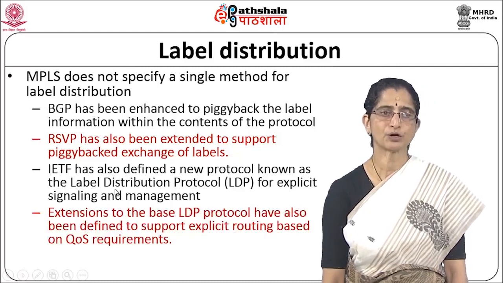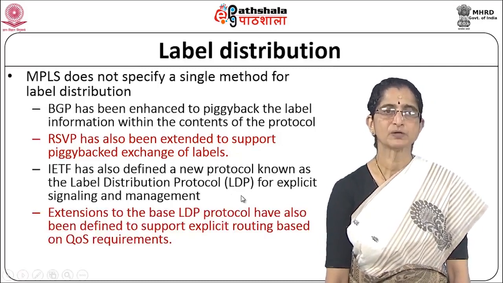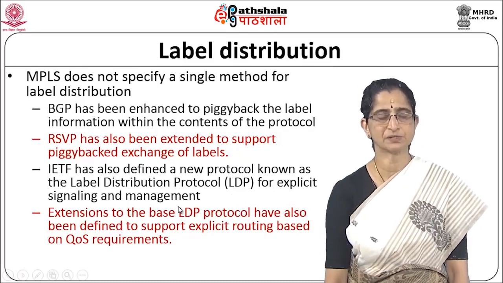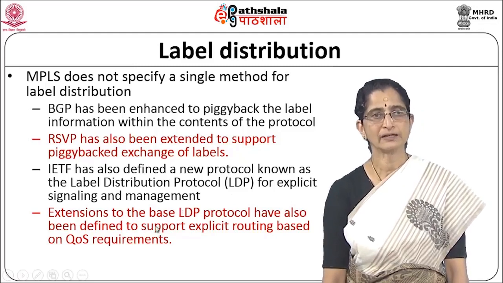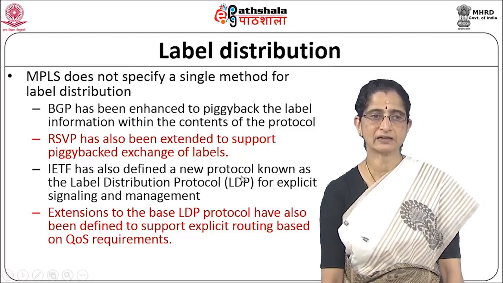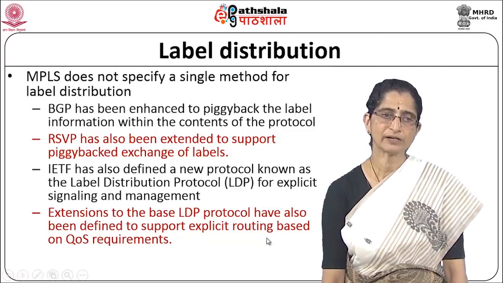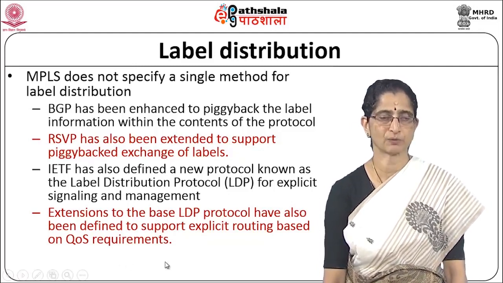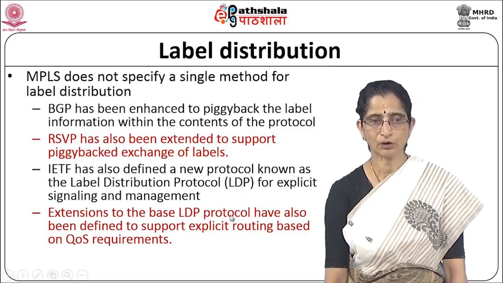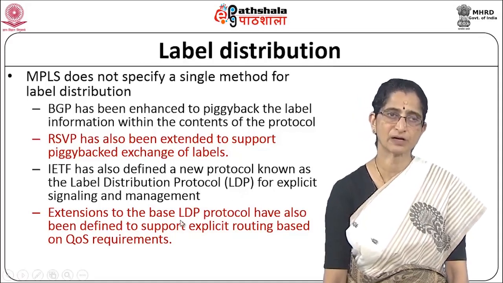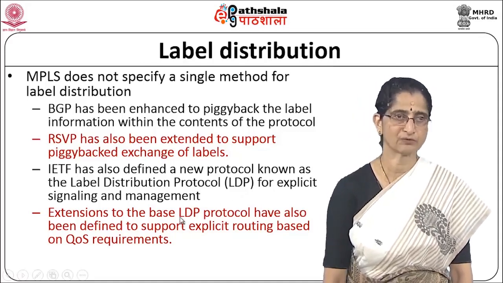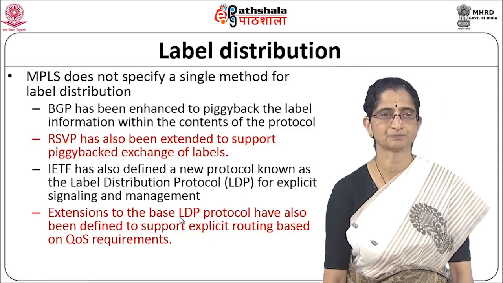Plus there is a new protocol called the label distribution protocol, LDP, which is used for explicit signaling and management in MPLS networks. There are also extensions to the basic LDP protocol to support explicit routing based on QoS requirements. So you have a lot of support for QoS routing provided as part of the LDP protocol, and therefore as part of the MPLS protocol as well.